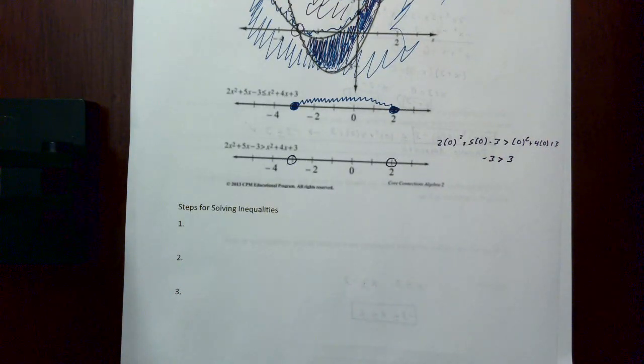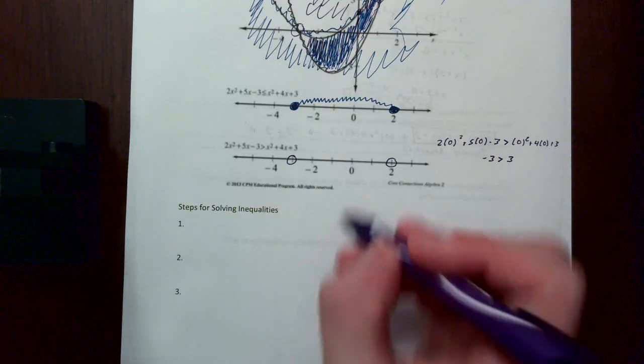Now, some of you are looking at that and saying, well, the last one was true, because in that case, negative 3 is less than or equal to the value of 3. But now, when we flipped it around, negative 3 is greater than 3. We know, obviously, that is not true. So what we end up having is a solution that's no longer at the value of 0.